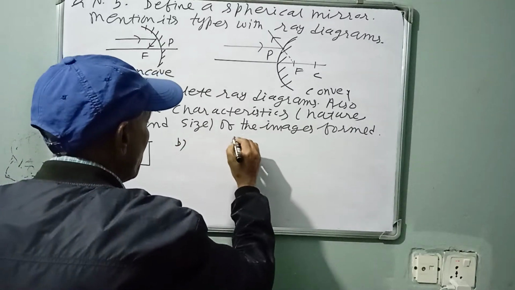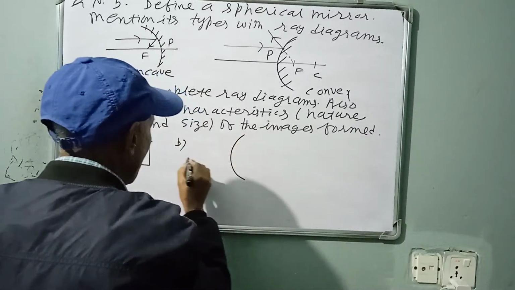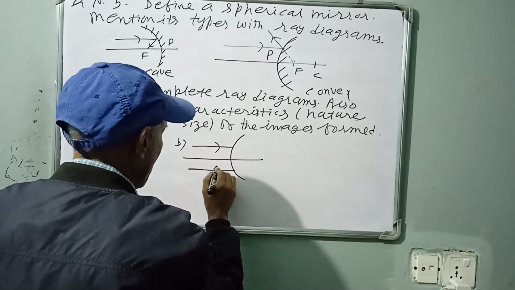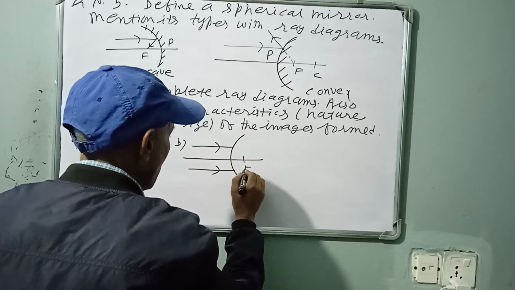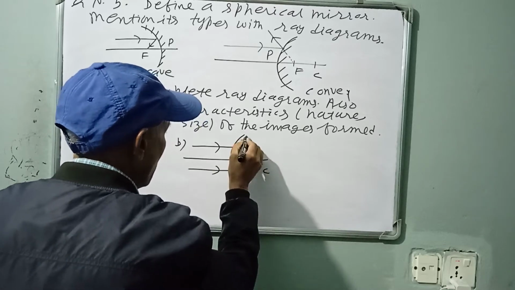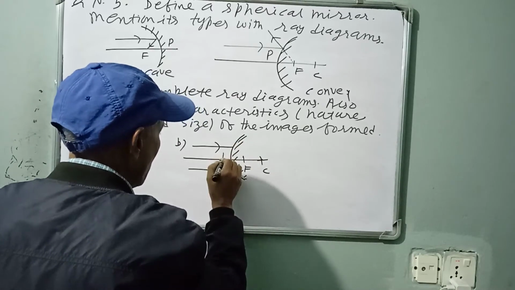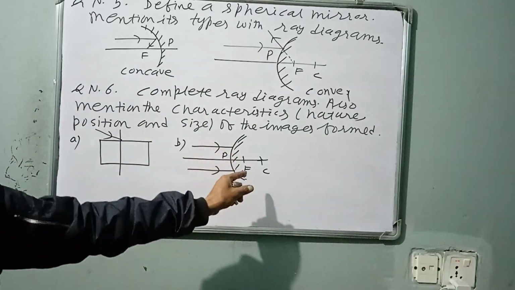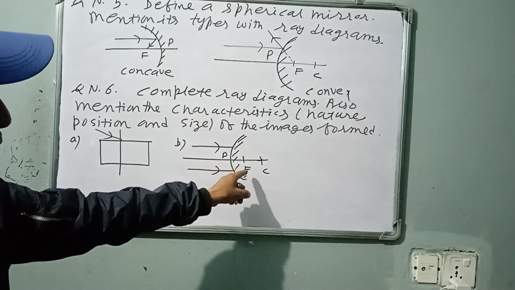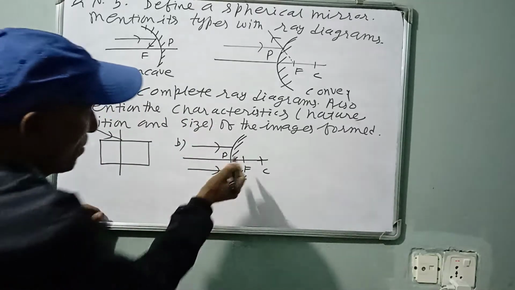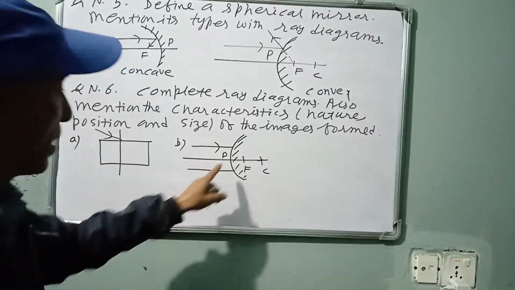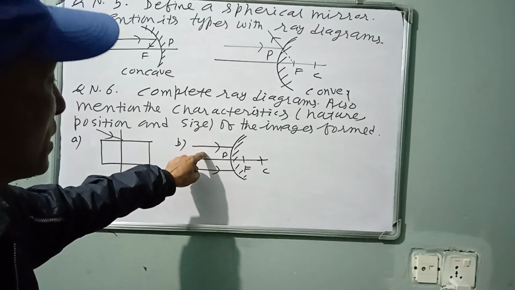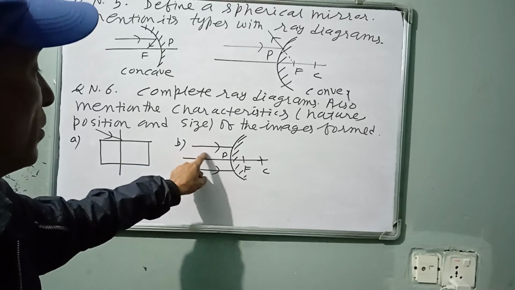Another is this is a convex mirror. The reflected rays seem to diverge from the focus. यहाँ बाट यसरी draw गरे. And virtual erect and highly diminished image is formed at the focus.